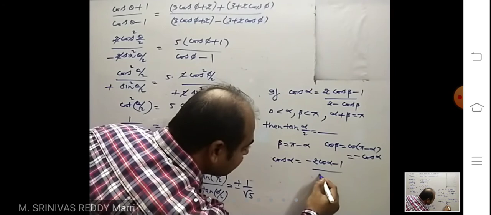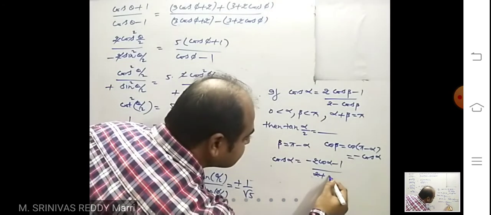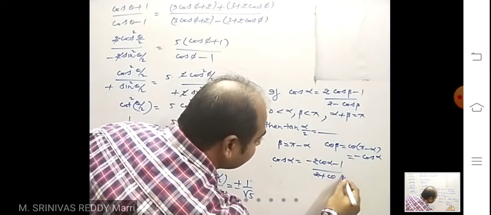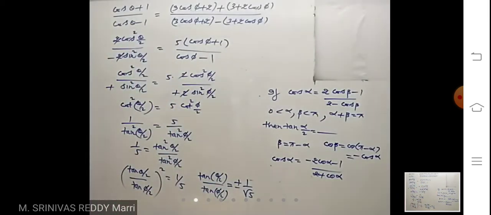So you will get cos alpha equals (minus 2 cos alpha minus 1) divided by (2 plus cos alpha).